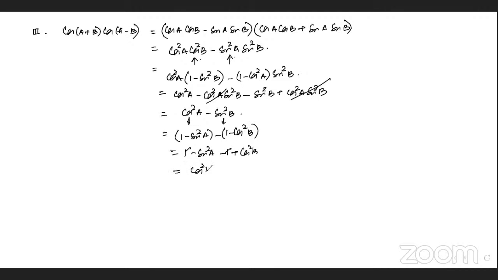It is cos square b minus sin square a. Therefore, in a similar way, we have two more ways to represent cos a plus b into cos a minus b. That is equal to, first, cos square a minus sin square b, and second, cos square b minus sin square a.